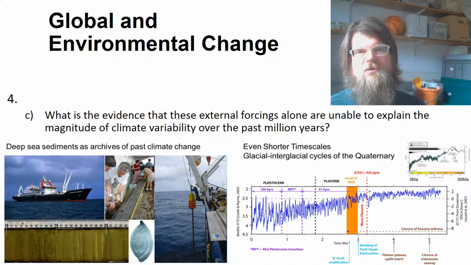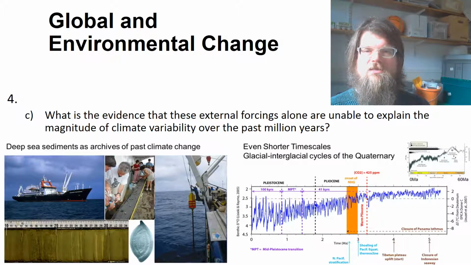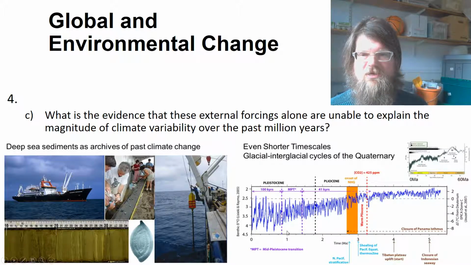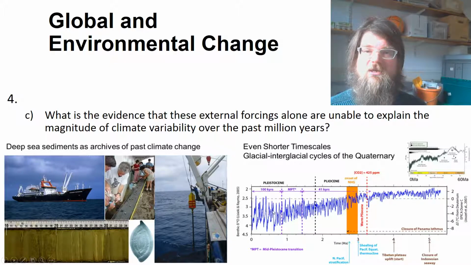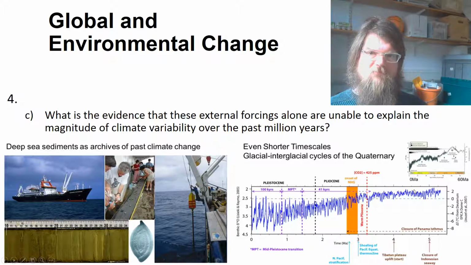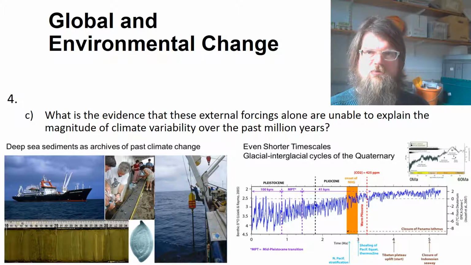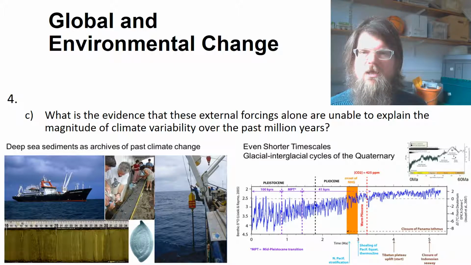We can also look at other ways of looking at these data. If we look back further through time, so the question was asking about the past million years, but the orbital forcing has been approximately the same through most of Earth's history, the magnitude of the changes in eccentricity or precession or obliquity. And we can see that over some periods in Earth's history, we have very different climate variability than we do now.